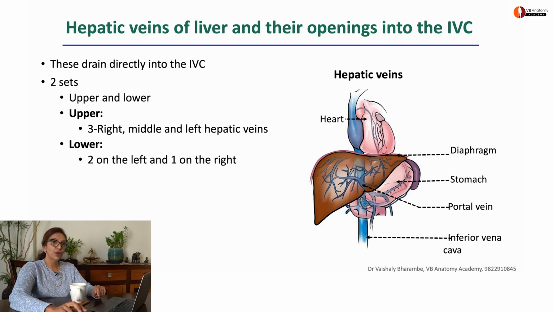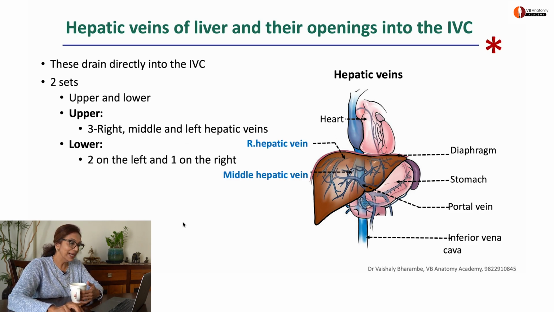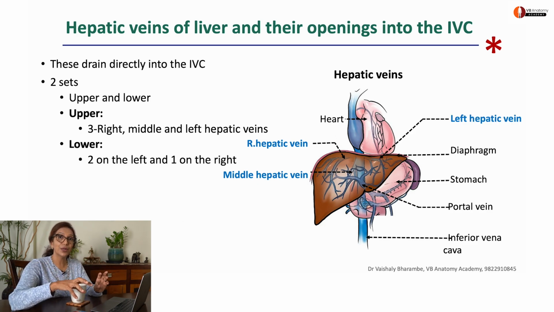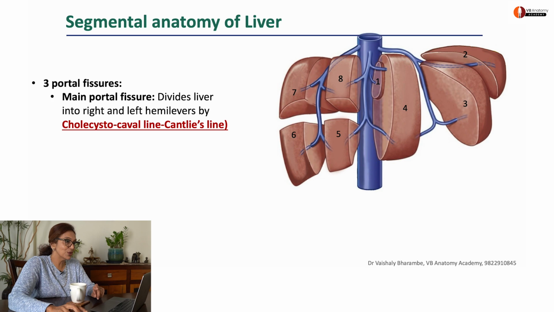Lower are 2 on the left, 1 on the right. And there are variations, of course. So here in this image, you can see the right hepatic vein, middle hepatic vein, left hepatic vein. Now, this is very important and that's why we're going into the details of it. This is important for understanding functional lobes of liver. We will get into that soon.